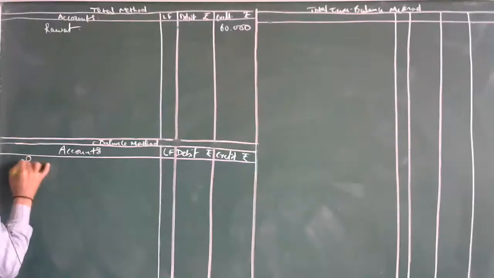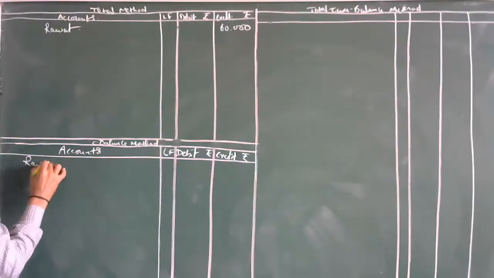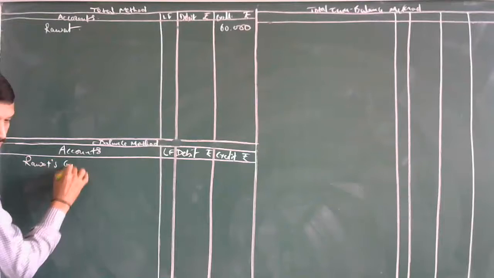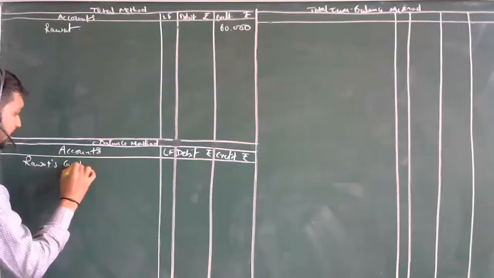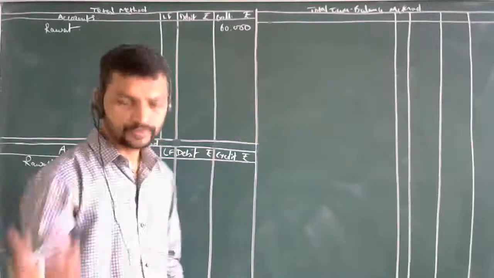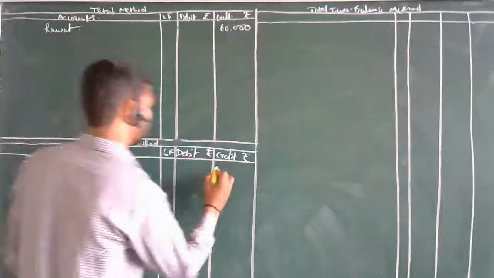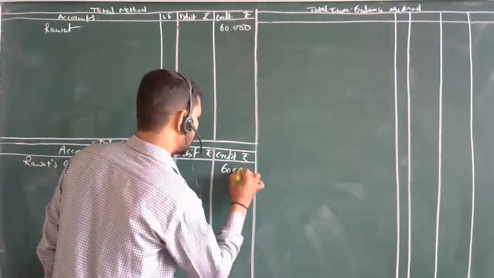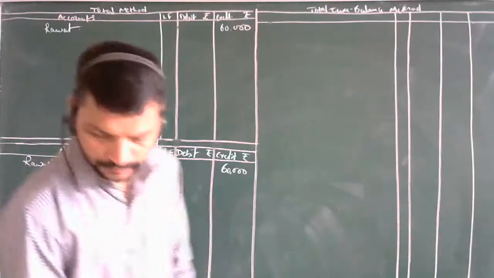As usual, Rawat's capital account. How much is Rawat's capital over here? 60,000. Whichever method comes, the capital will be credited only. So the first is done.